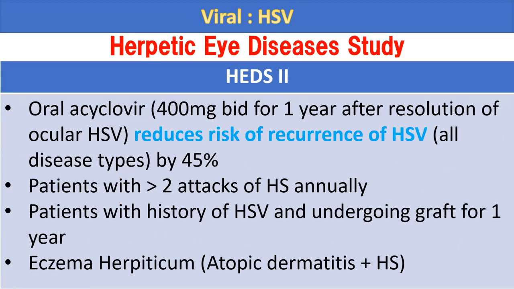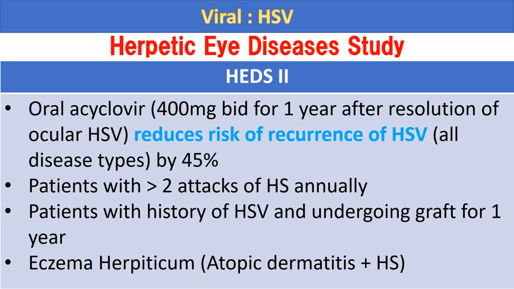Another study emerged many years after the Herpetic Eye Disease Study 1, called the Herpetic Eye Disease Study 2. It was done to investigate the use of a prophylactic dose of oral acyclovir. Who are the patients who should benefit from a prophylactic dose of the antiviral acyclovir?